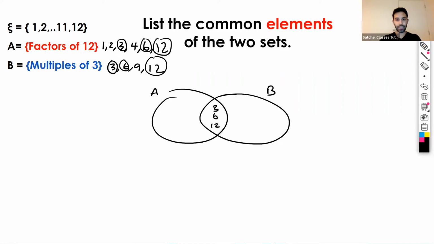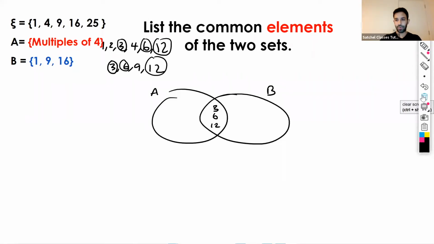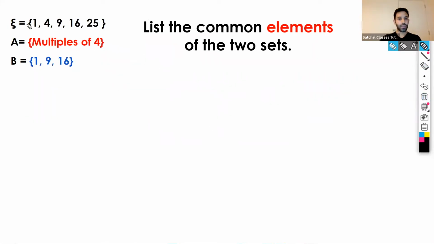And then in the second example, it says the universal set is the numbers 1, 4, 9, 16, and 25. So these are all of our square numbers up to 25. And then in set A, we have multiples of 4. Multiples of 4 are going to be 4 and 16 from this universal set.